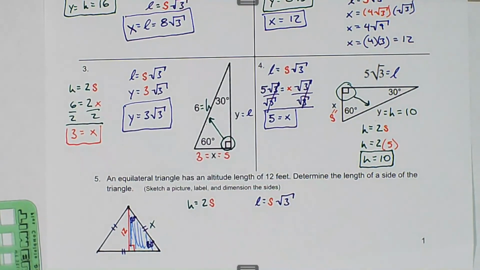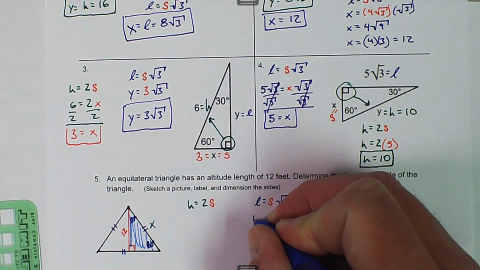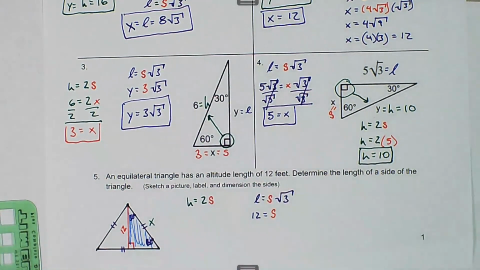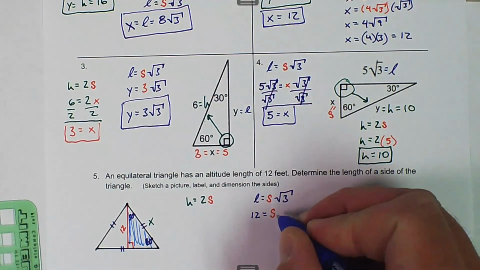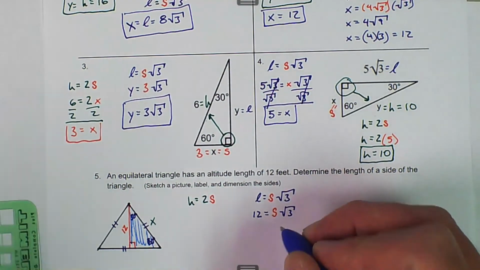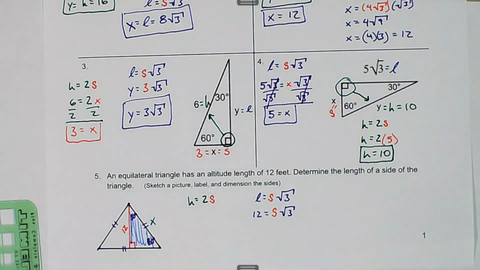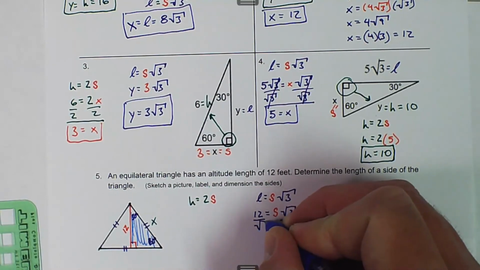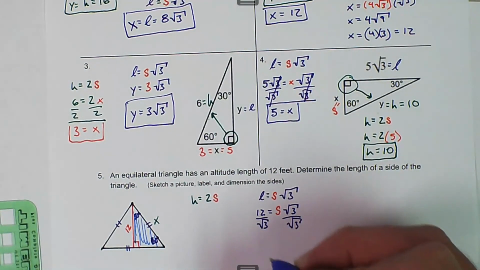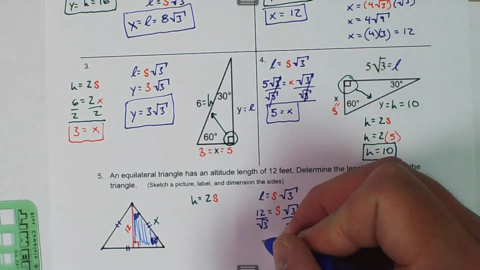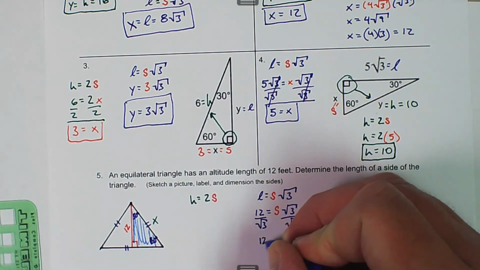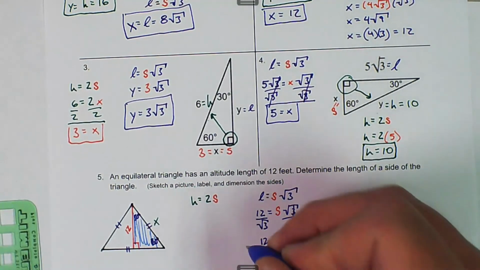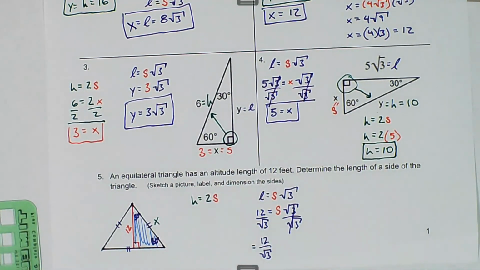Okay, we know what the long side is. That was 12. So 12 is equal to S times the square root of 3. So we want to get S by itself, so we divide by the square root of 3. And then we get 12 over the square root of 3 is equal to S.